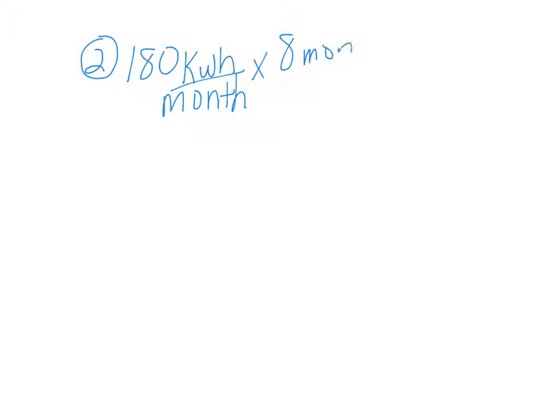So first we're going to take the 180 kilowatt hours that we know that we saved and use per month, and we're going to multiply it by the hottest 8 months of the year. And the price for that energy is 25 cents per kilowatt hour. So now we know that these things can cancel.